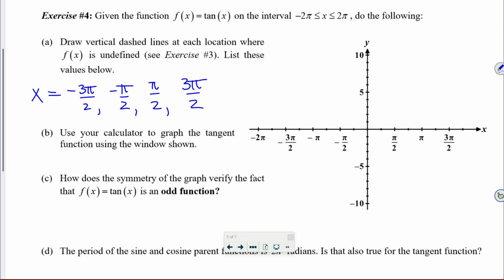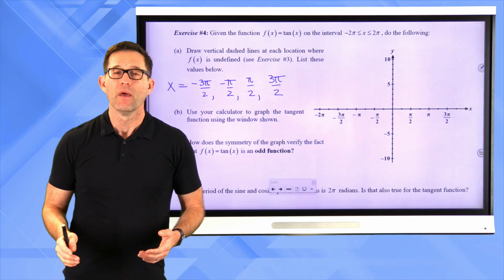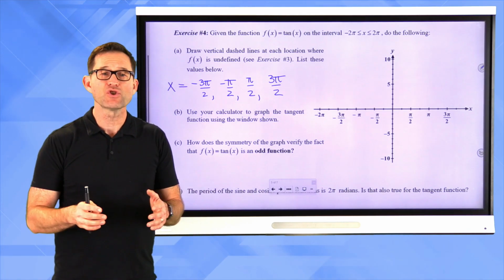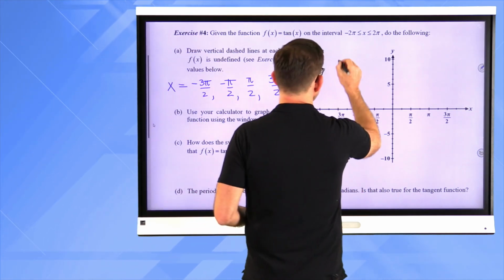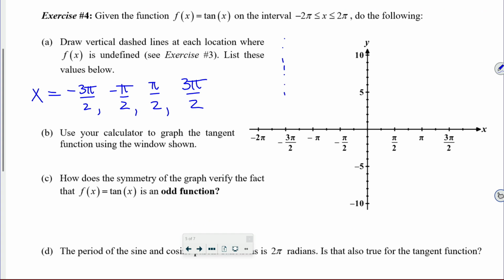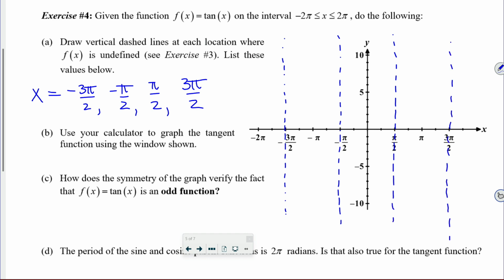Now, vertical asymptotes are not actually part of a graph, right? They are a vertical line that the function approaches but never touches. So we draw those in dashed. We're going to draw in a dashed vertical line at x equals negative 3 pi over 2, a dashed vertical line at x equals negative pi over 2, x equals positive pi over 2, and x equals 3 pi over 2.